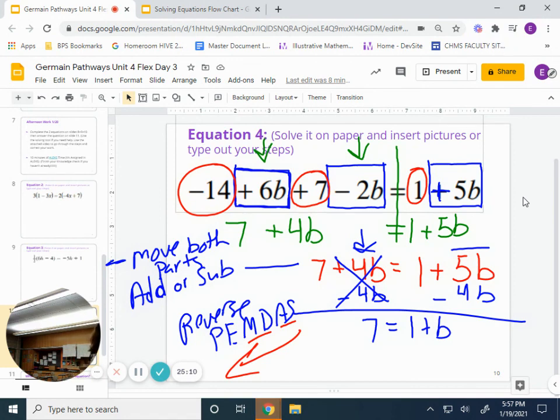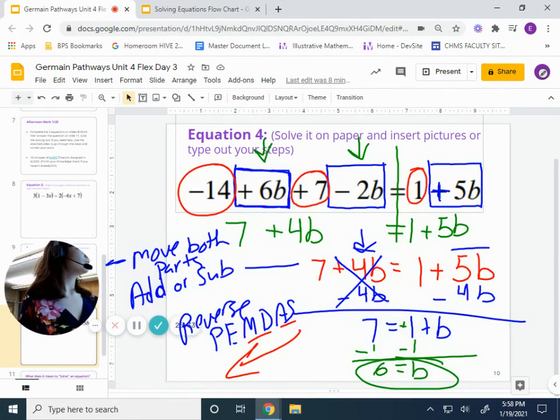I need to undo addition and subtraction to get that b by itself. There is no sign here, so this 1 is a positive. We get rid of that positive 1 by subtracting 1, subtracting 1. B is equal to 7 minus 1 is 6. B is equal to 6.